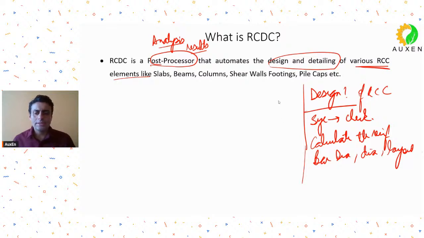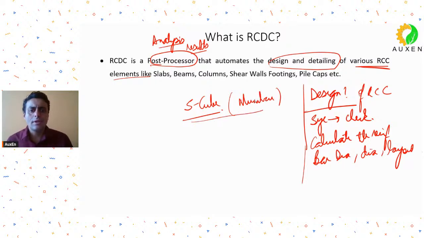Initially, a little bit of history about this software. It was developed by a company called SQ, a Mumbai-based company, who created this RCDC software, I think sometime in 2010 or 11, or maybe slightly before that. I don't exactly remember the year.